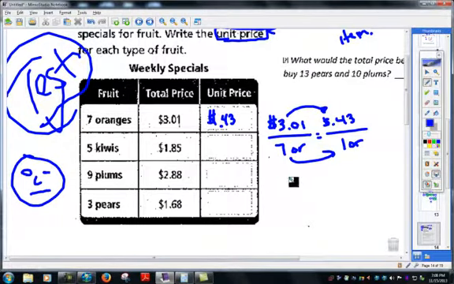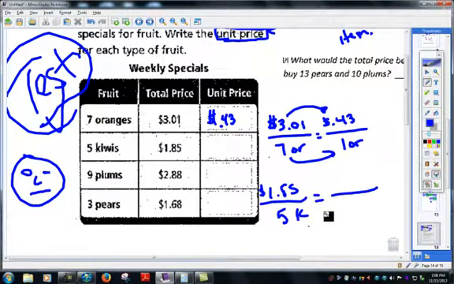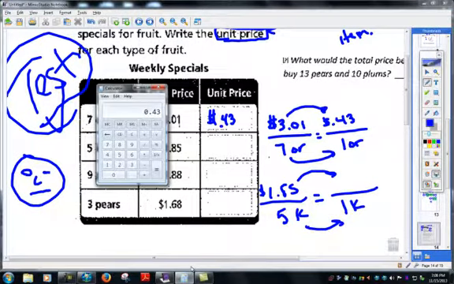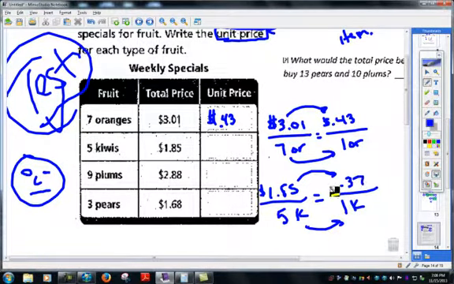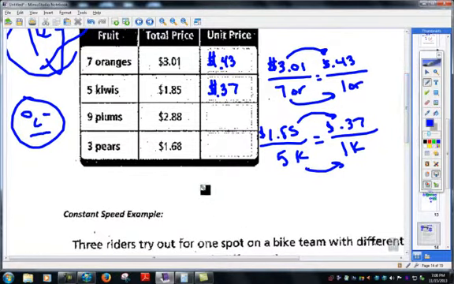Okay, let's figure out the kiwis. $1.85 for 5 kiwis. I want to figure out how much 1 kiwi costs. I divide by 5. Get out my calculator. 1.85 divided by 5, 37 cents. Okay, 9 plums. So $2.88 for 9 plums.